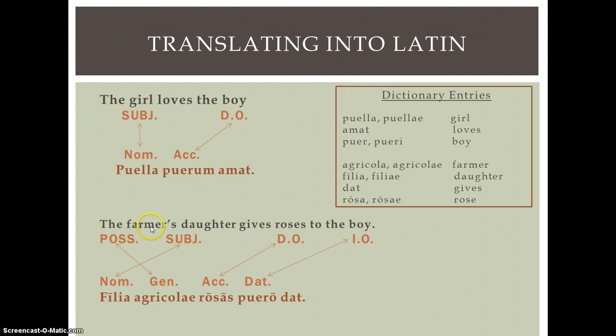In the next sentence, farmer is genitive, so we have the genitive form, agricolae. Daughter is the subject, so we have the nominative form, filia. Roses is the accusative direct object, and it is plural. And boy is our indirect object, therefore going into the dative, puero.